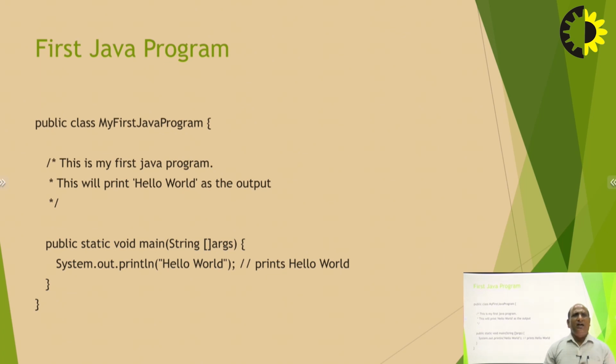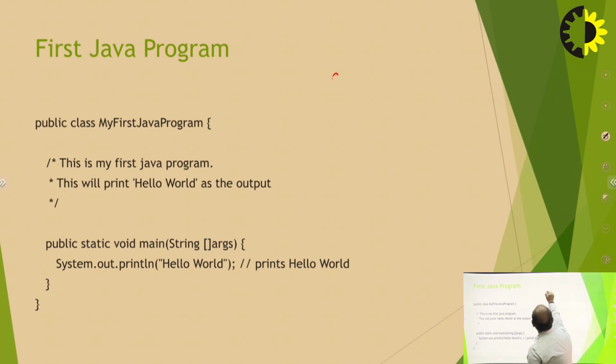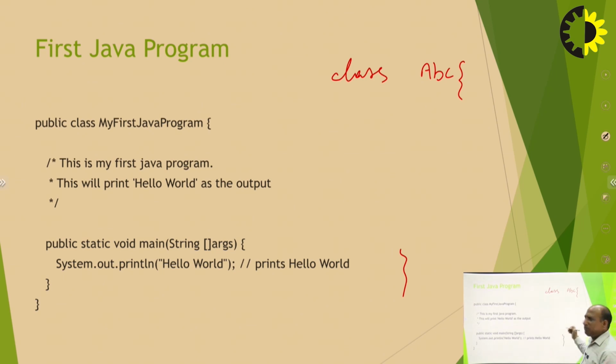Whenever you want to create a class, you write the class keyword, and after this write the name of the class. Let us say I have created a class named ABC, then open curly braces and after that put close curly braces, and within this wrapper you can see that we have created a wrapper named ABC.